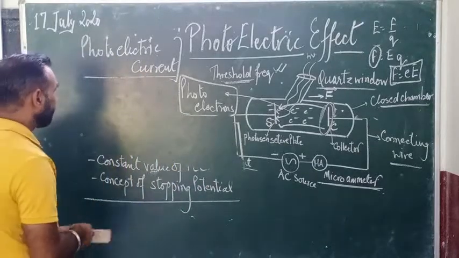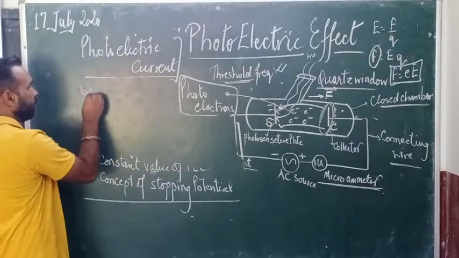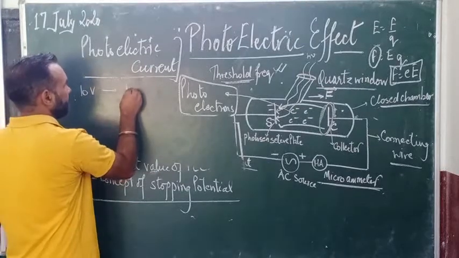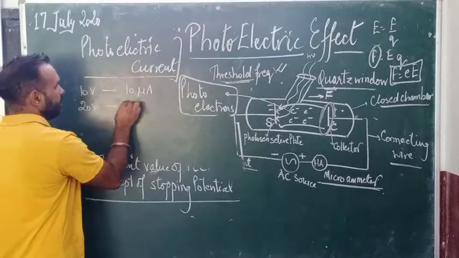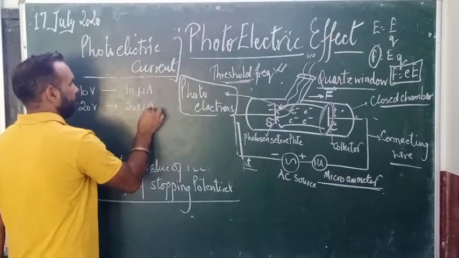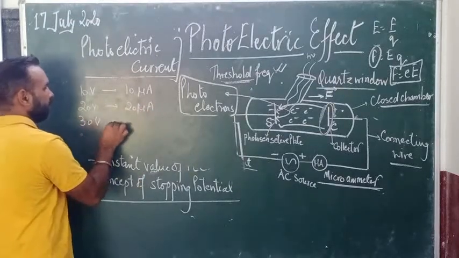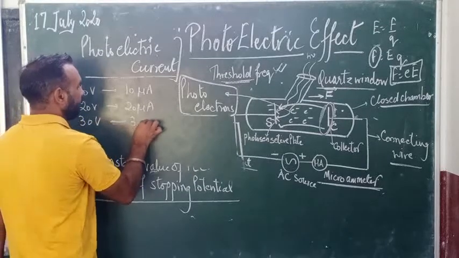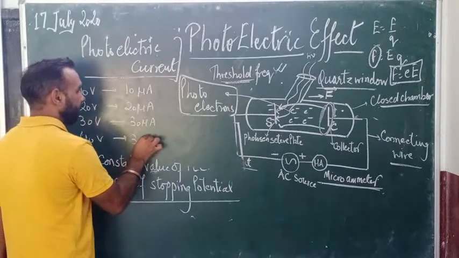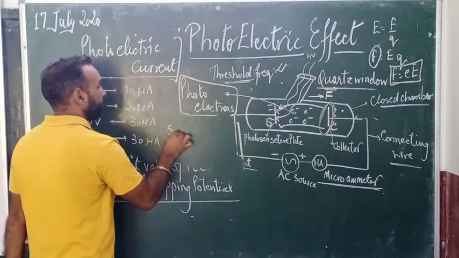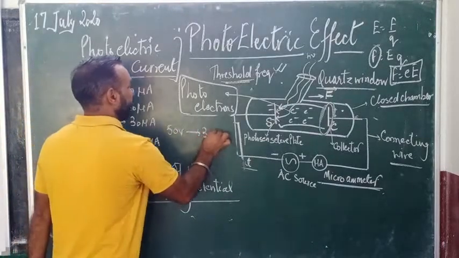For example, initially at 10 volt it is giving 10 microampere. At 20 volt, it is 20 microampere. At 30 volt, it is 30 microampere. At 40 volt, it is 30 microampere. At 50 volt, it is 30 microampere.